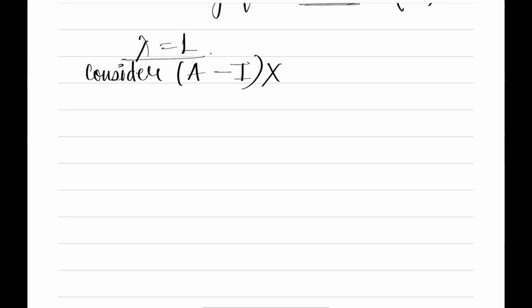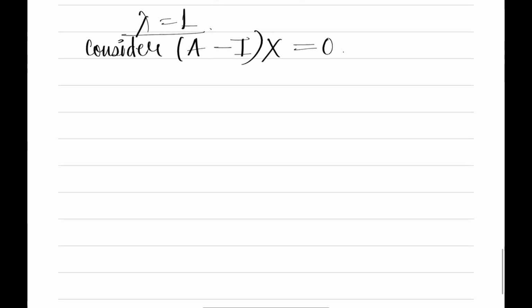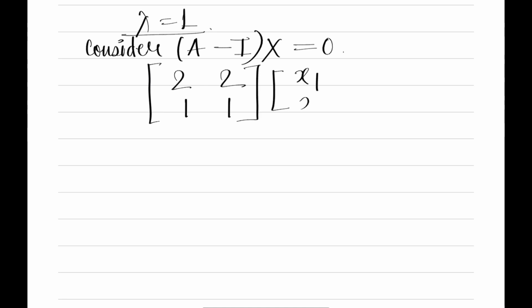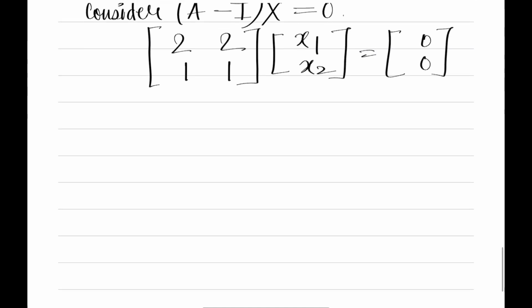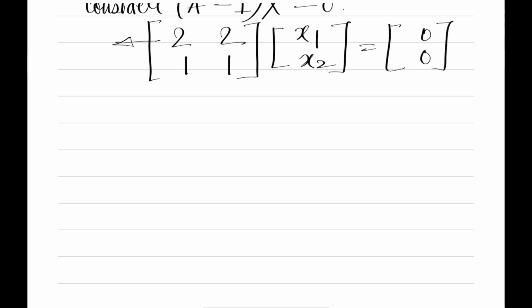Now let us calculate for lambda is equal to 1 with the shortcut method. We will consider A minus I into x is equal to 0, and our matrix will become 2 2 1 1 and x1 x2 equals 0 0. We will use the first row as our equation.